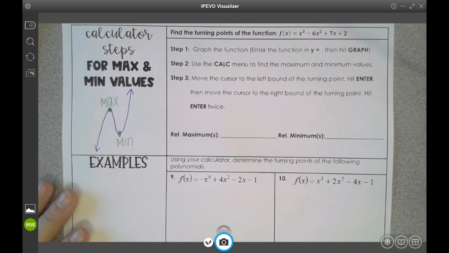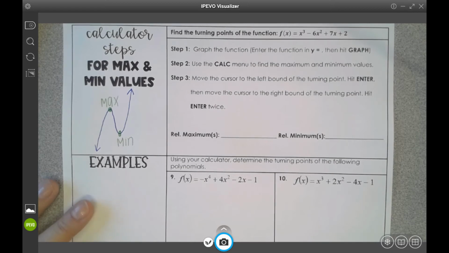All right, so has everybody got it typed in and on your y equals? Right above trace, you see the word calc. So hit second trace, and that goes to a calc menu, and it will calculate any parts of the graph, even the x-intercepts and maybe your vertex.